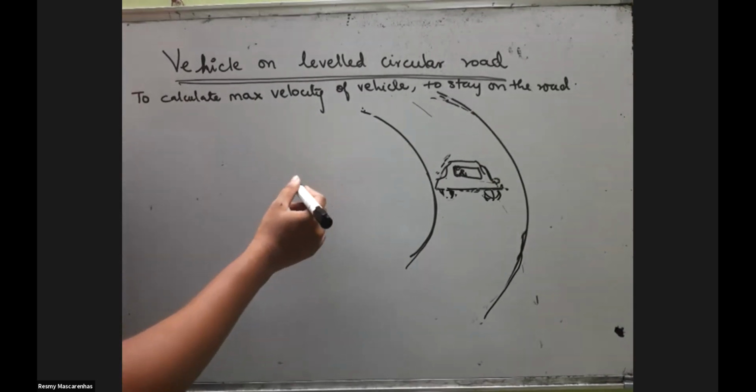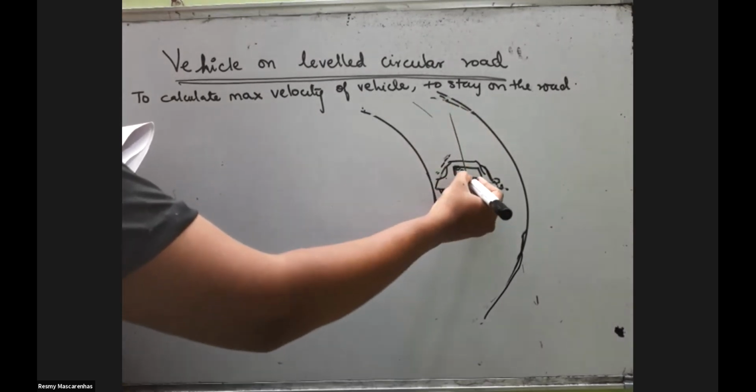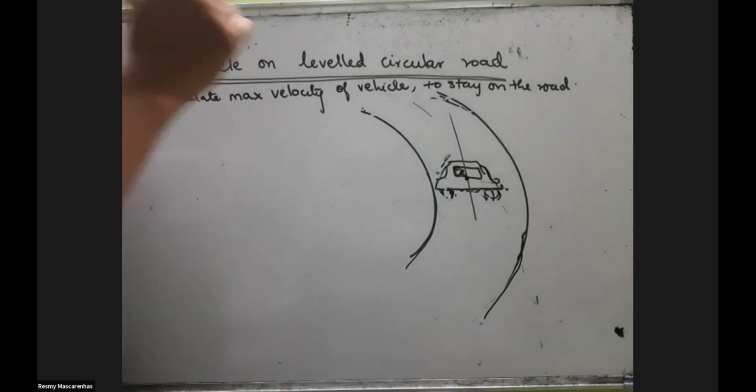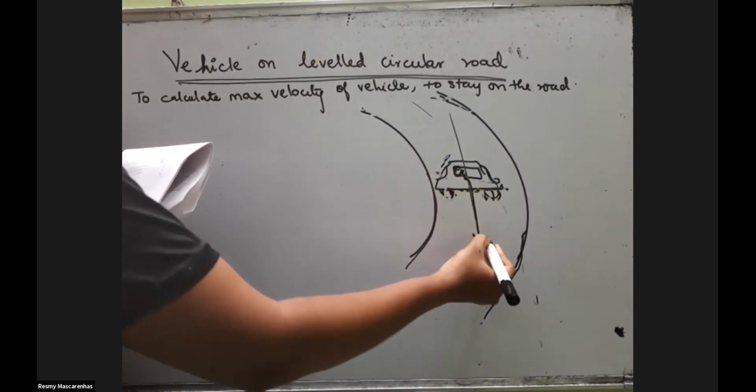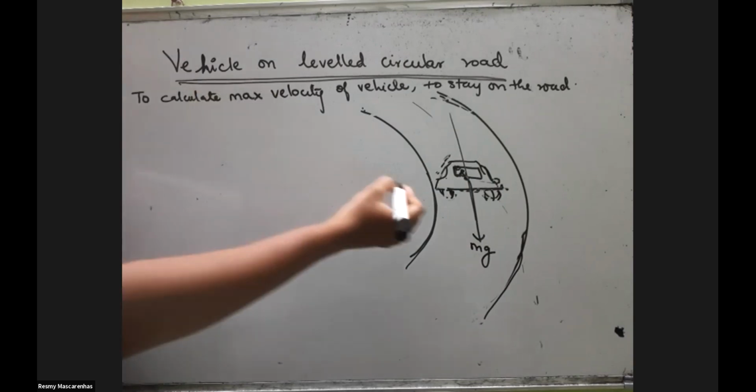Now we'll keep a reference point for this. This may be the center of the car. From here, definitely there will be a force that will be mg for the vehicle. Now reactions will be what?